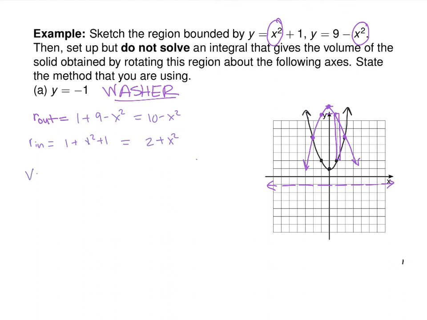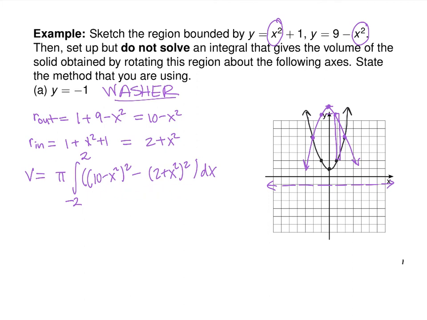And the volume would be found by taking pi, integral from lower bound of x equals -2, upper bound of 2, r out, 10 minus x squared, squared, minus 2 plus x squared, squared. And the function inside your integral is what determines if you can or cannot use symmetry. In this case, that function inside the integrand is even.